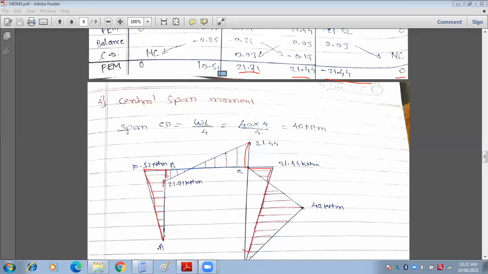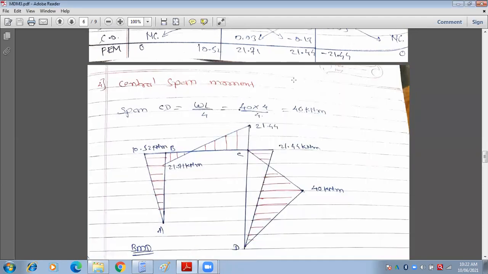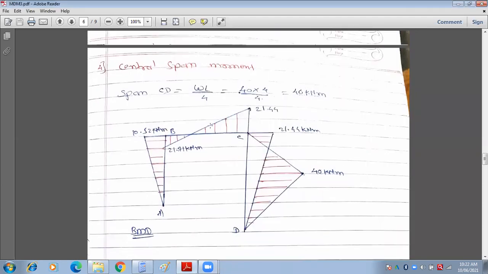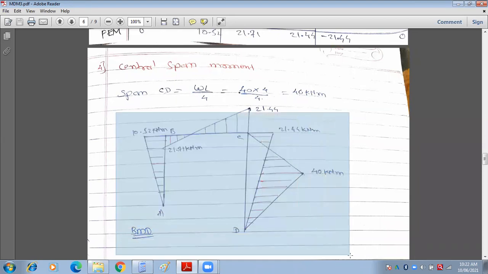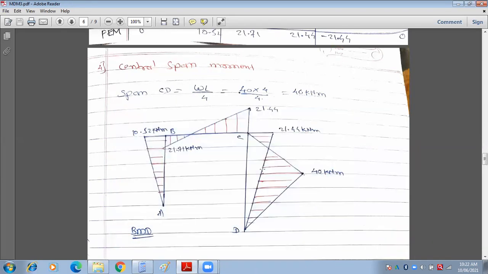Join all these by a straight line, and this uncommon, hatched portion is nothing but your actual bending moment diagram. And this is how we find out the bending moment diagram for this provided portal frame by using the moment distribution method.